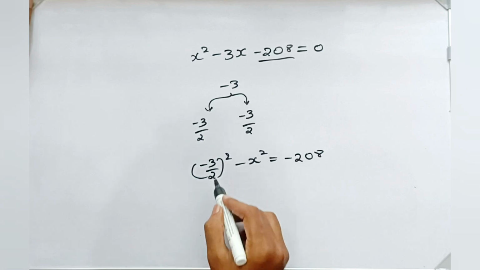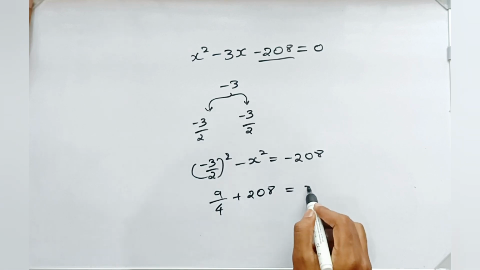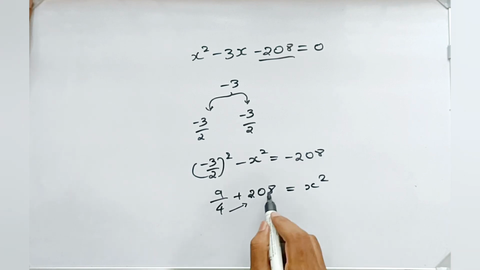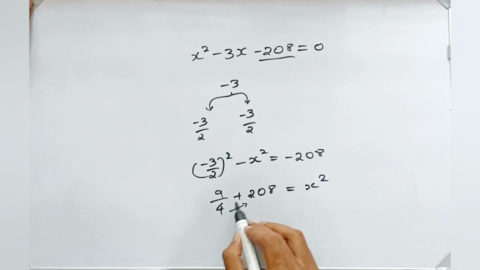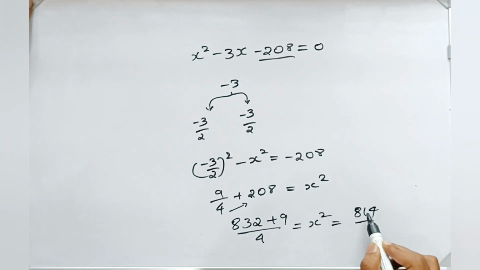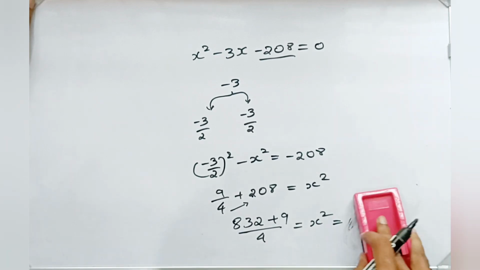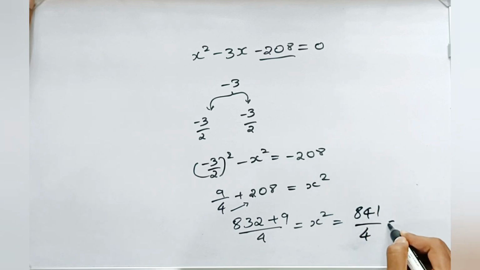3 by 2 squared is nothing but 9 by 4, and plus 208, that is equal to x square. And it is nothing but 8 twos are 16, and 208, 832. 832 plus 9 by 4, that is equal to x square, is nothing but 841 by 4. 841 is nothing but 29 squared, right?